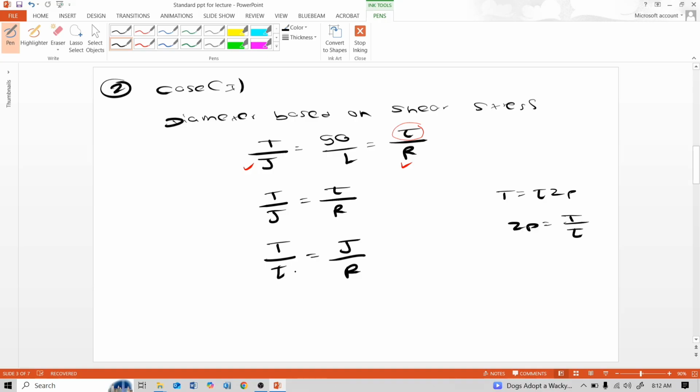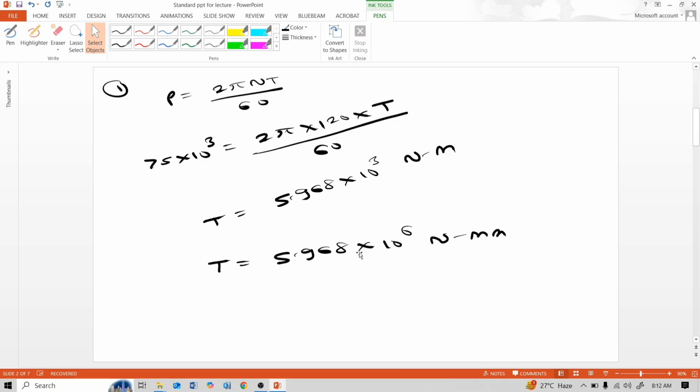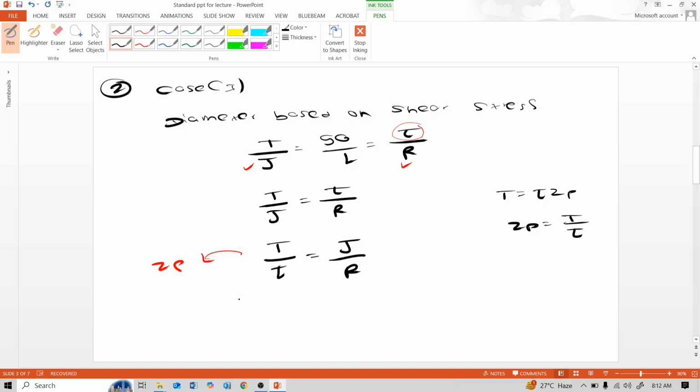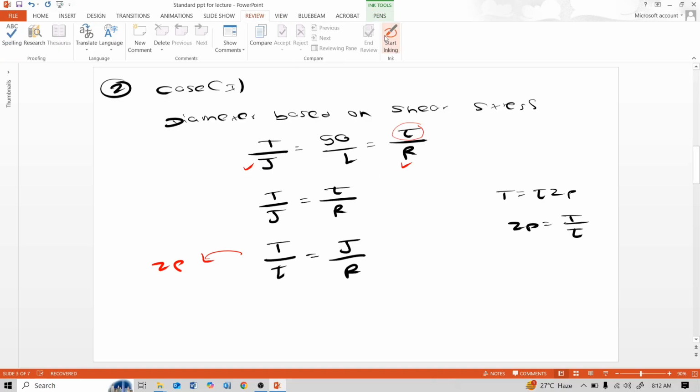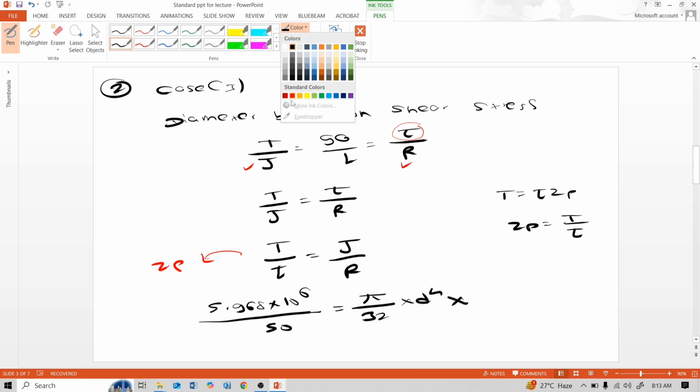This T is 5.968 into 10 raised to 6 Newton mm, and the shear stress is 50. J is pi by 32 into D raised to 4, multiplied by 1 upon R, where radius is diameter by 2.